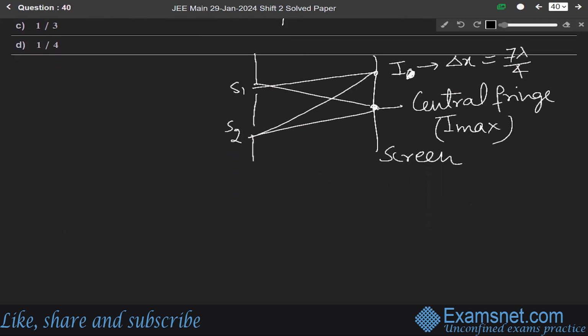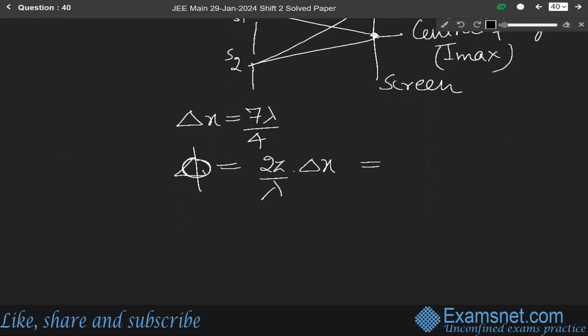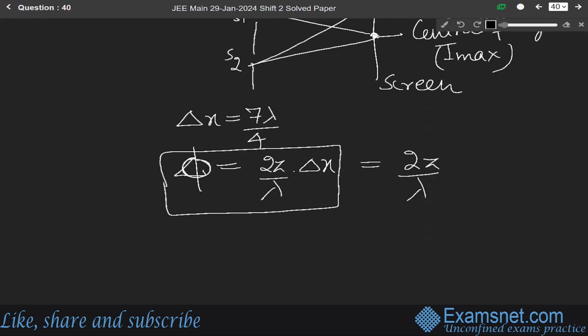Now here delta x is given as 7 lambda by 4, and we know the formula for phase difference: phi equals 2 pi over lambda into delta x. This is the relation between phase angle and path difference, a common formula.